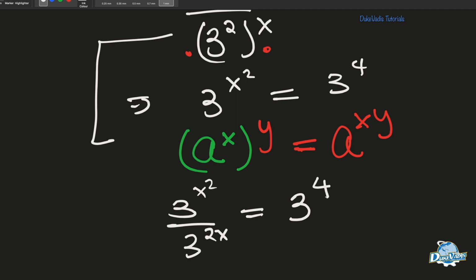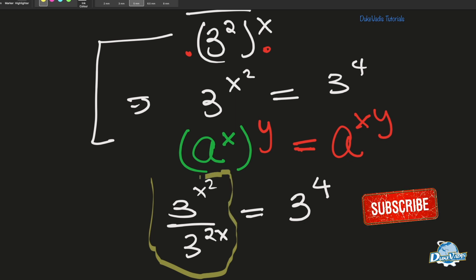Now, you see where we are at the moment? If we look at this, friends, we have 3 raised to the power x squared and 3 raised to the power 2x. These two, what do we see? It's all about division. And when we come to indices, we have the property of division in indices. So we are going to apply that one.